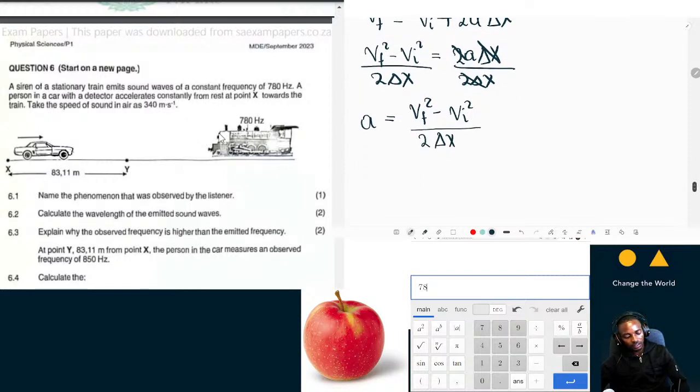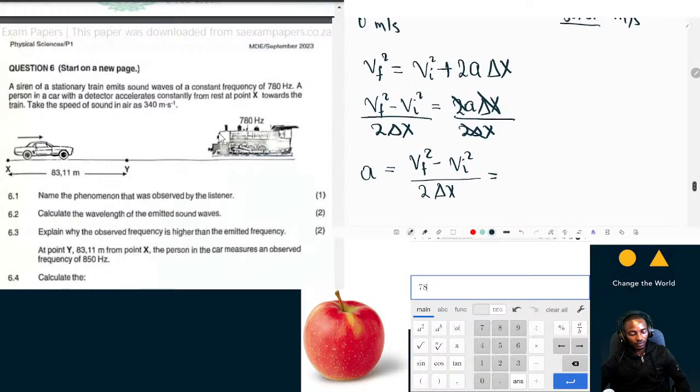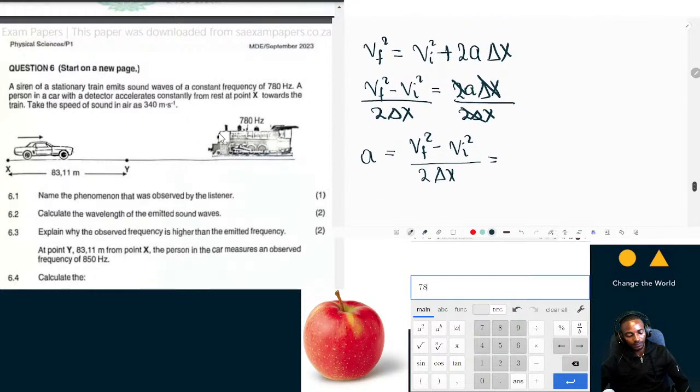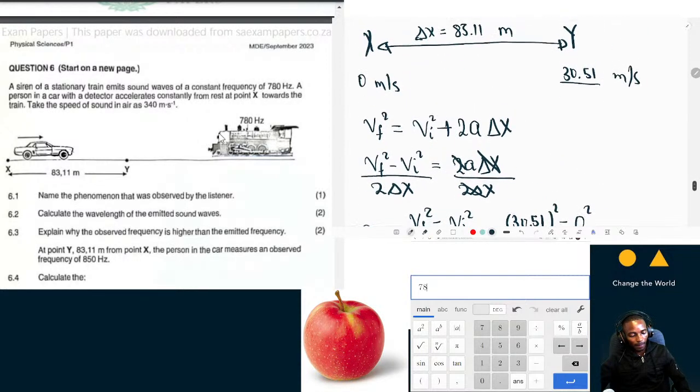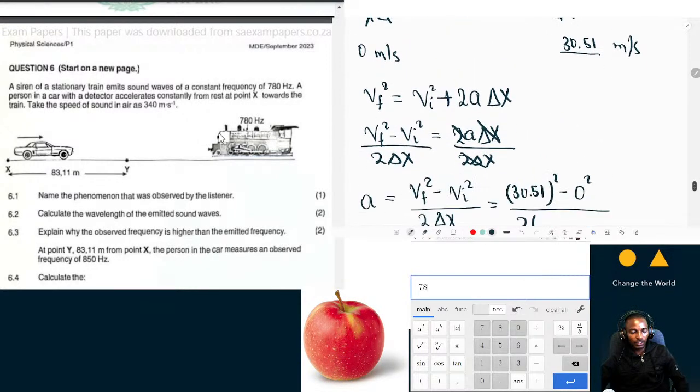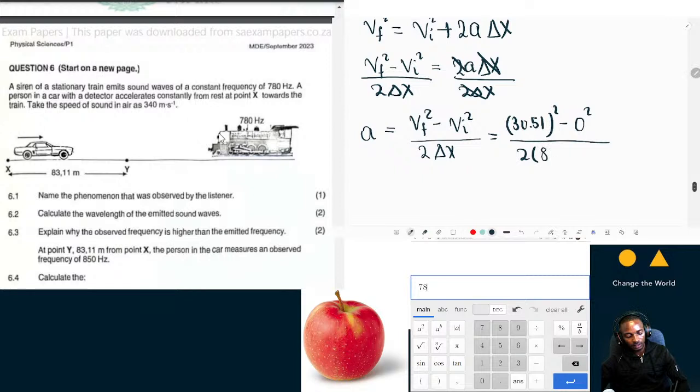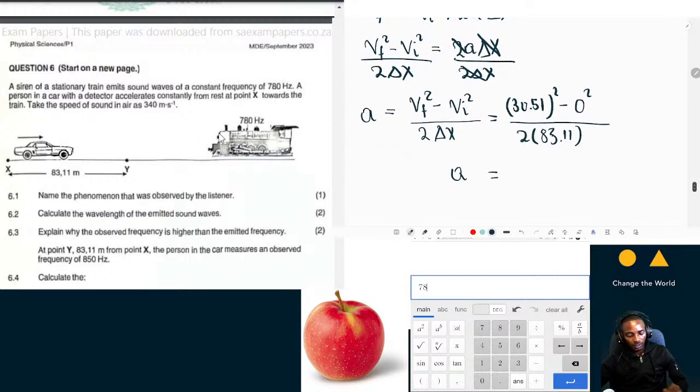Now let's substitute our values. Our V final is 30.51, all squared. Our initial velocity is 0 because the car started at rest. Then 2 times the displacement, 83.11.